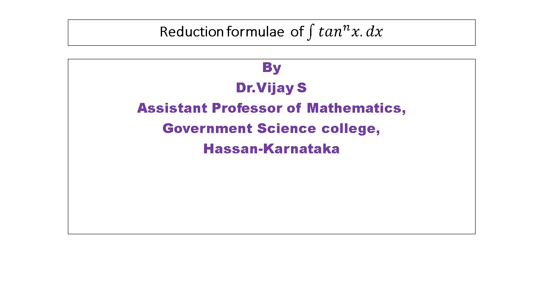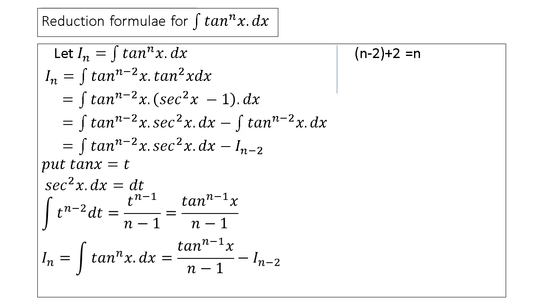Dear students, in this video, let us see the reduction formula of integration of tan to the power n x into dx. To find this, let us consider this whole term.